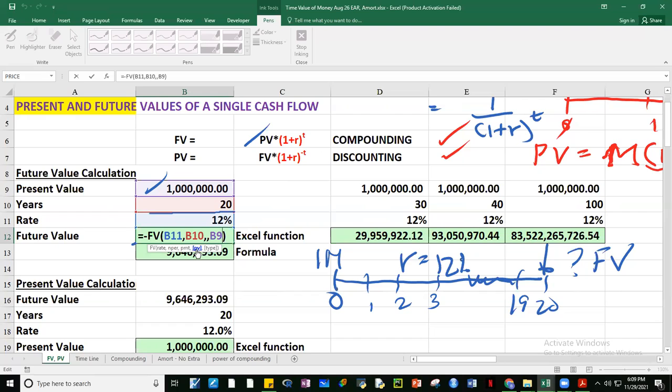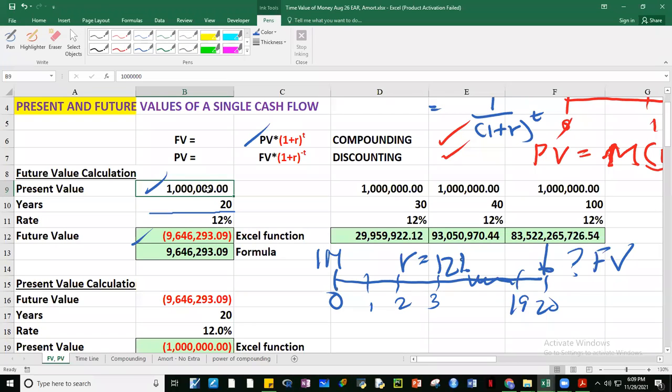Okay, and then we notice that there's a negative here. If I remove the negative, I'll be getting a negative answer. Why is that negative? Because Excel is very strict about the direction of the cash flow. Here, it's stating that the present value is positive. So it means that there's a cash inflow, pumasok yung cash. Cash entered in, it's positive.